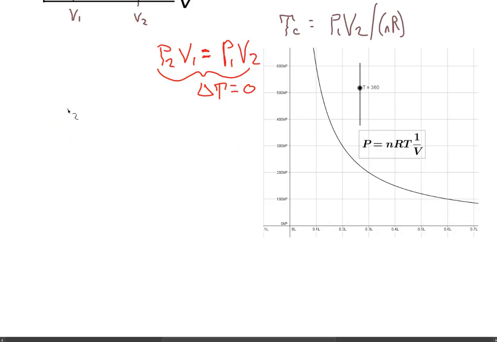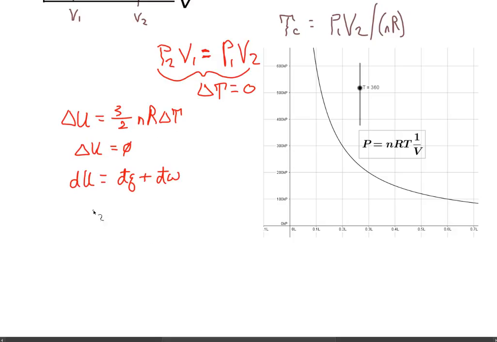And we have acknowledged that since delta U is equal to 3/2 NR delta T, and that in an isotherm delta T is 0, that necessarily means that delta U is equal to 0. Now from the first law, we know that dU is equal to dQ plus dW.